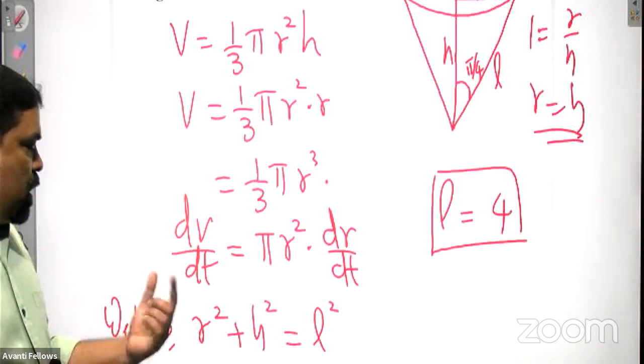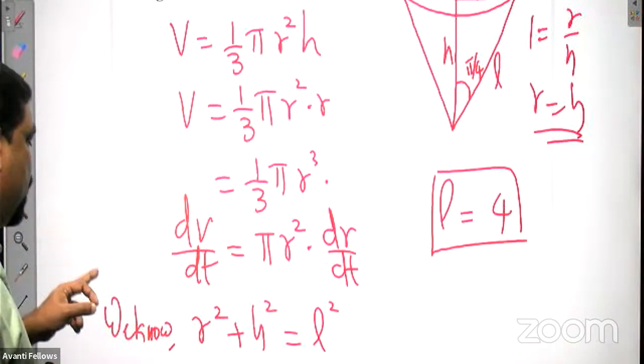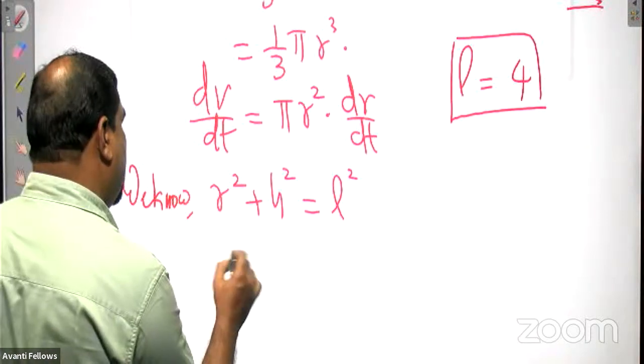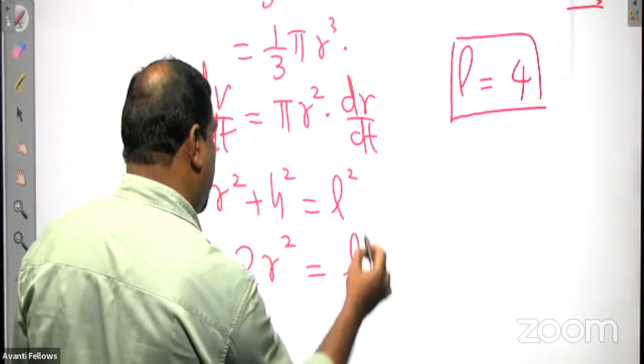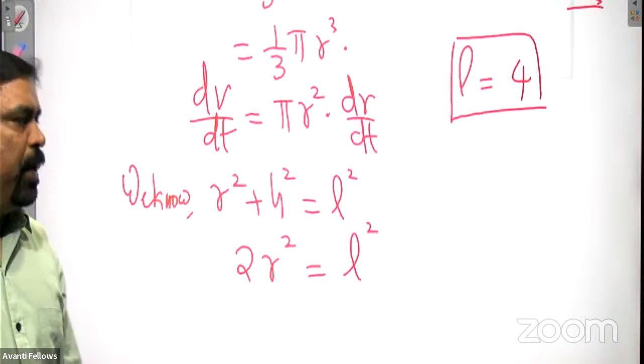But r is equal to h, so r square plus r square is equal to L square.